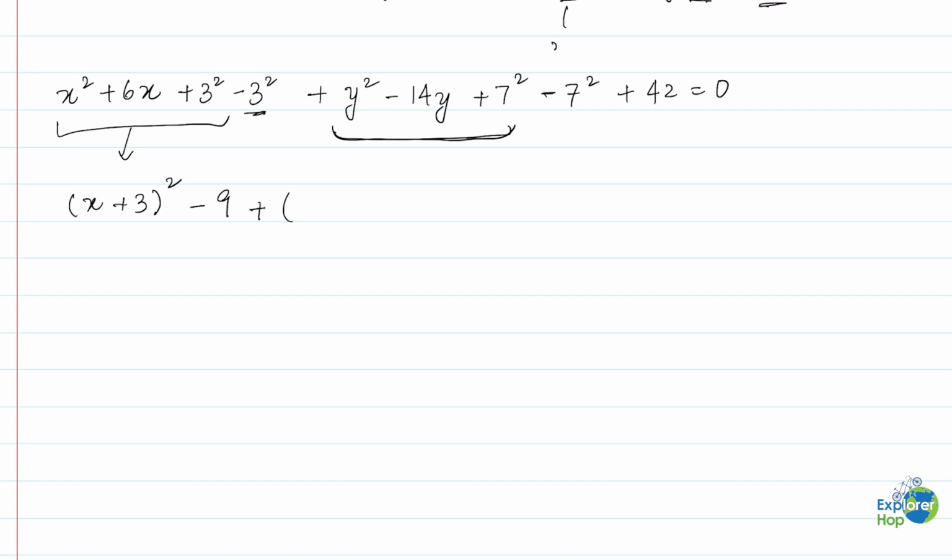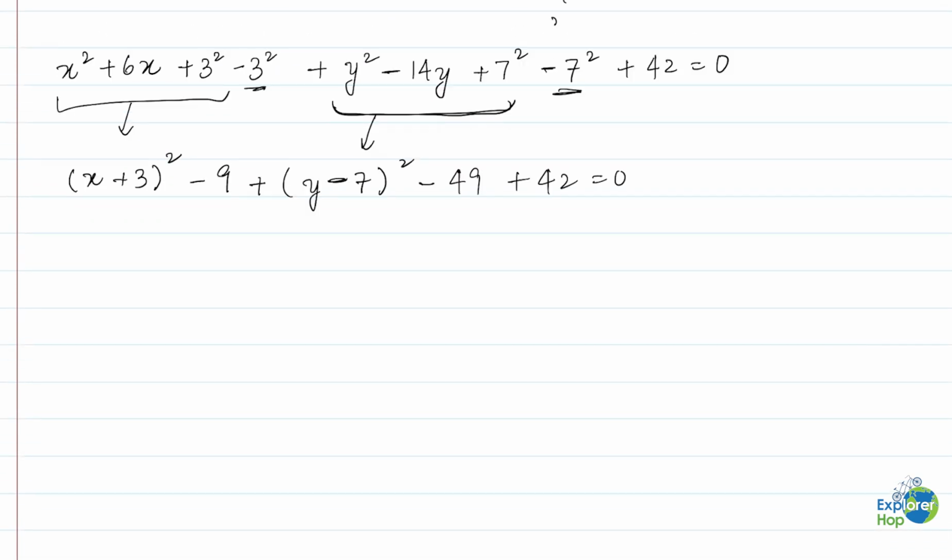This again can be easily written as (y minus 7) squared. We need to be careful to write minus here, because there is a minus here, so this would obviously be minus 49, and plus 42 equals 0.